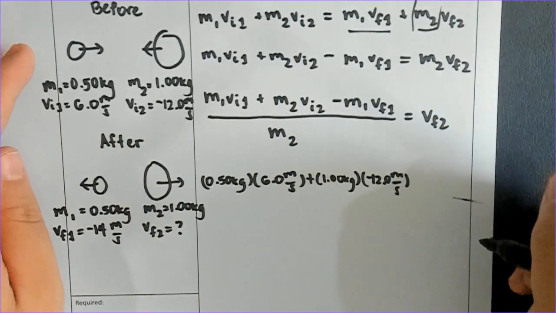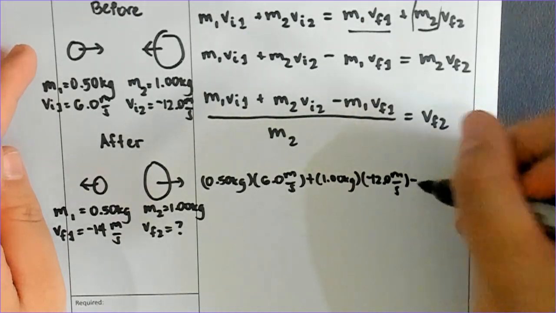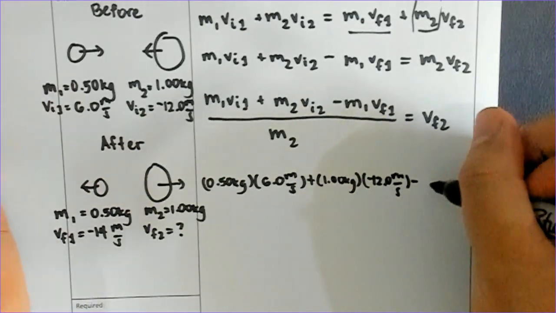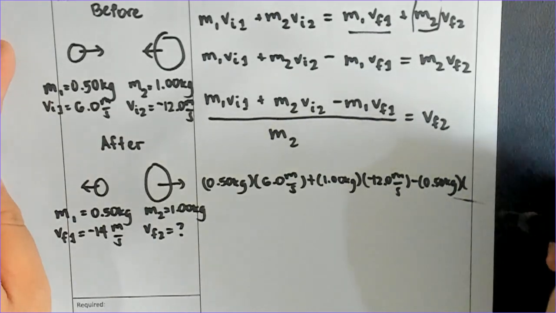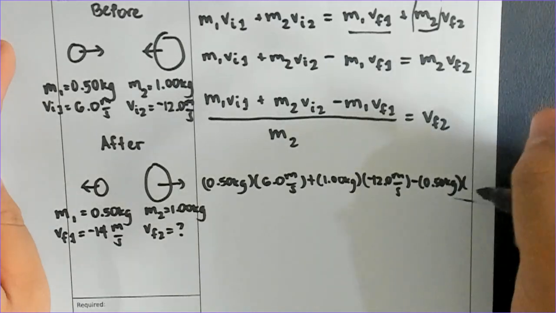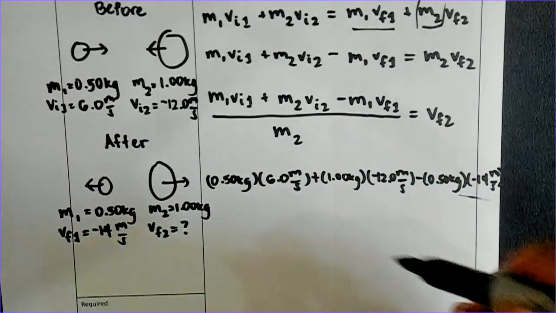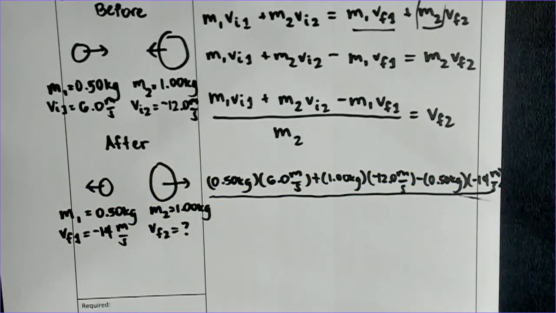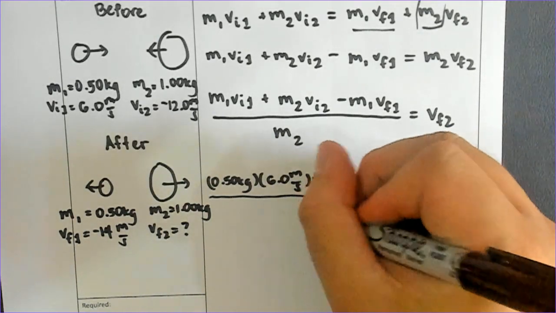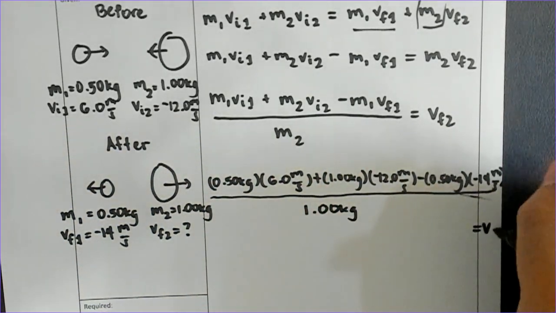This will keep it tight in terms of space, but we got this. Minus m1 again, unchanged, 0.50 kilograms, times vf1, which is minus 14 meters per second. That divided by m2, which is simply 1 kilogram, will be equal to vf2.